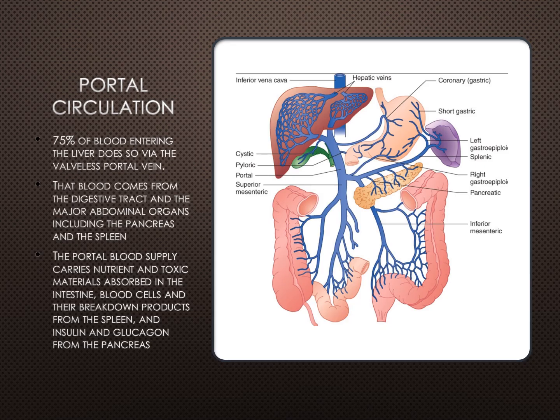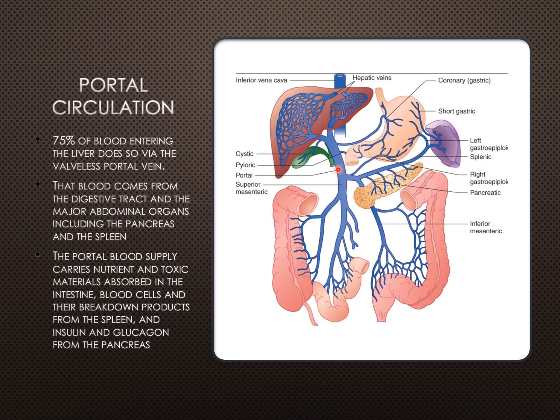Okay. So that blood that's coming in through the portal vein, and you can see the portal vein right here. It's this major vein that then branches to supply all of this venous blood directly to the liver. And that blood is coming from places like the digestive tract and all the other major abdominal organs, including the pancreas, which is right here, and the spleen, which is right here.